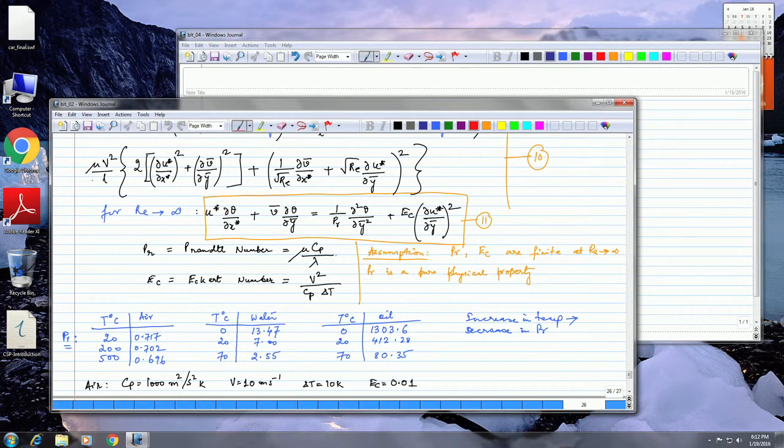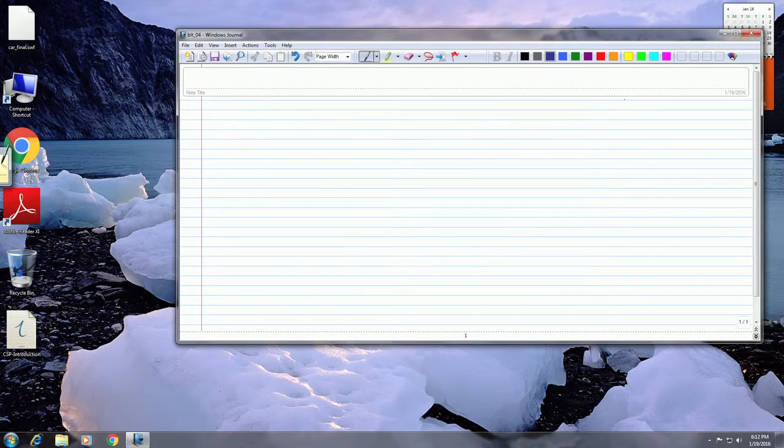So this is your Prandtl number that we had, and this is the Eckert number. So we'll talk about the Prandtl number and the Eckert number, okay? So let us begin and see how things shape up and whether we can get some more inferences from this.